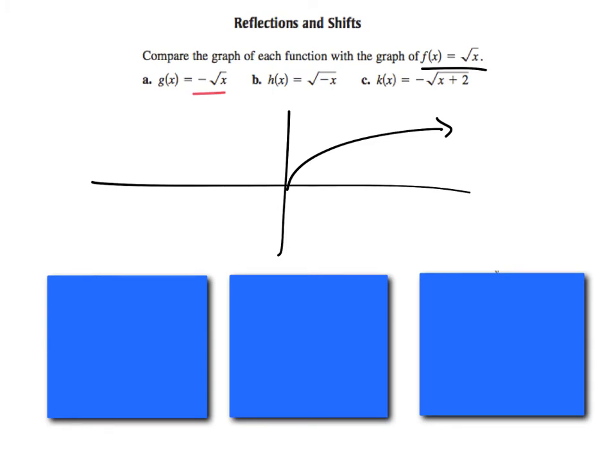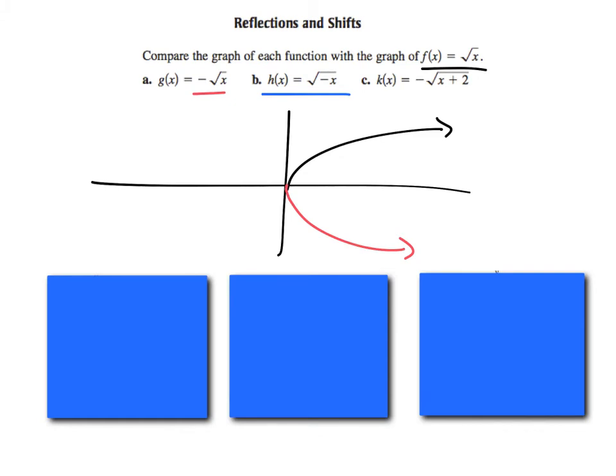What did it change? Did it change the x or did it change the y? It changed the y. So if it changes the y, it's actually a reflection over the what? The x-axis. All right? So if it changes y, it's a reflection over the x, so it's moving down like that. All right?